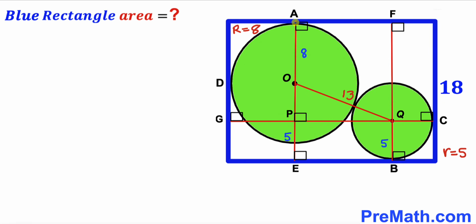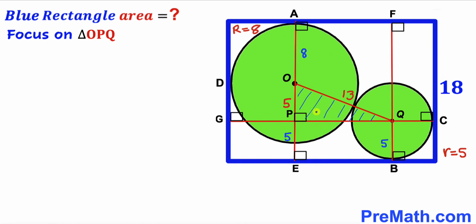We know that this AE whole length is 18 units. So we conclude that this OP segment length is going to be equal to 18 minus 8 and then minus 5. If we subtract, this is going to give us 5 units. So our OP segment length is going to be 5.